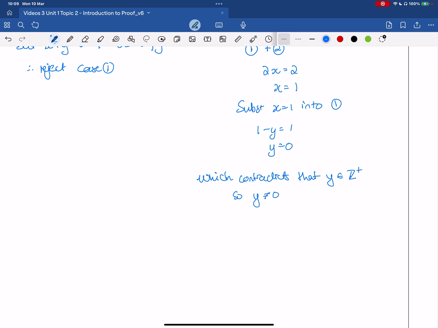So therefore my supposition is false. And so therefore x squared minus y squared can't equal 1 for all positive integer values of x and y.